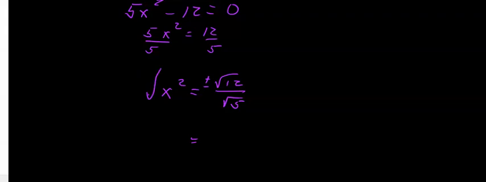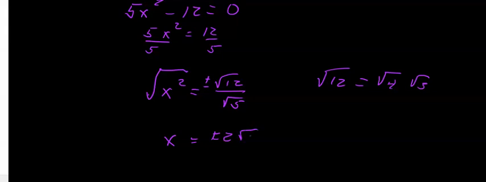Square root both sides. That's good. We get x equals plus or minus, and then we simplify radical 12. Radical 12 equals radical 4, radical 3, or 2 radical 3 over radical 5.